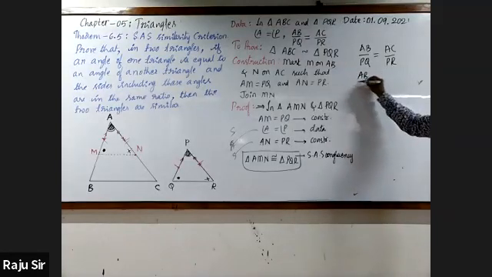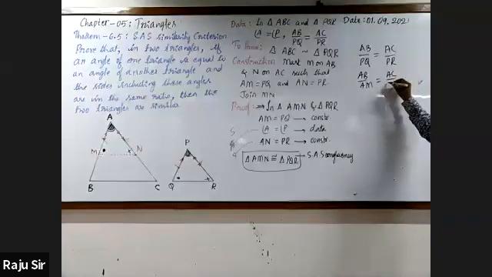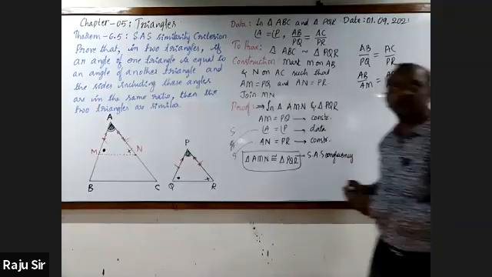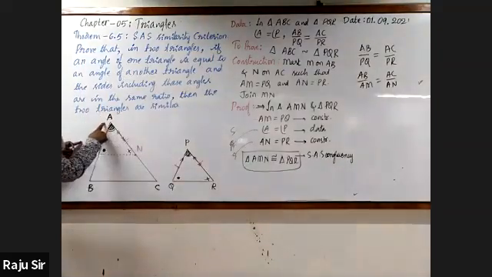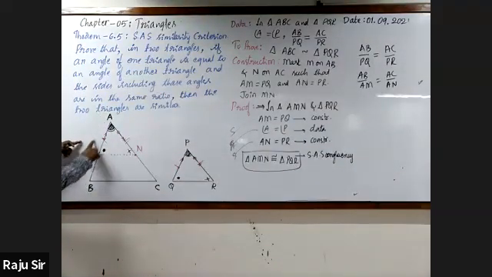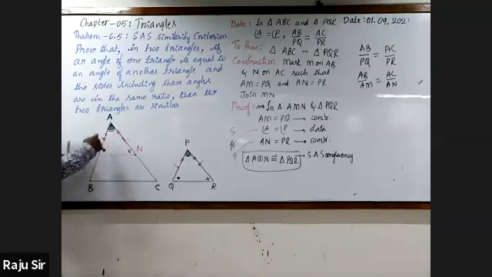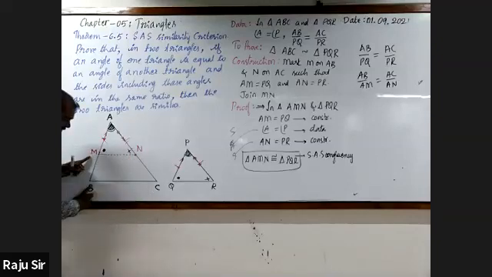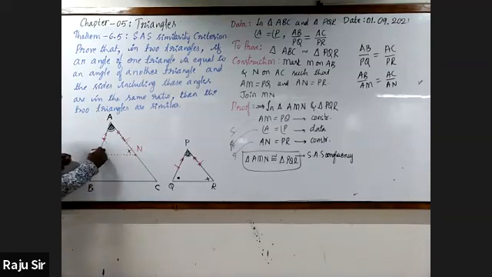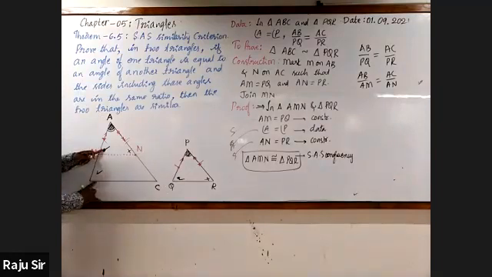AB by PQ means AM, AC by PR means AN, so AB by AM equal to AC by AN. By the converse of the result of BPT, MN parallel to BC. If MN parallel to BC, this angle equal to this angle, which is also equal to angle Q. Hence, angle B equal to angle Q.